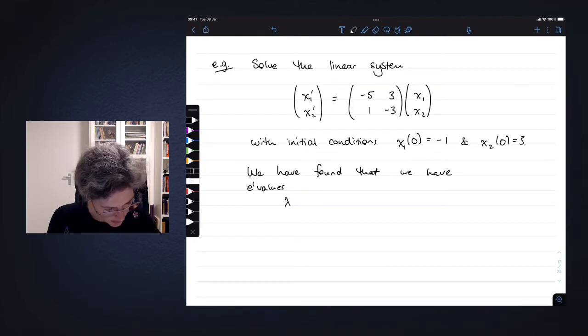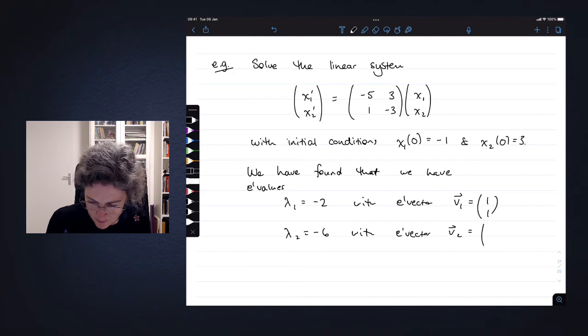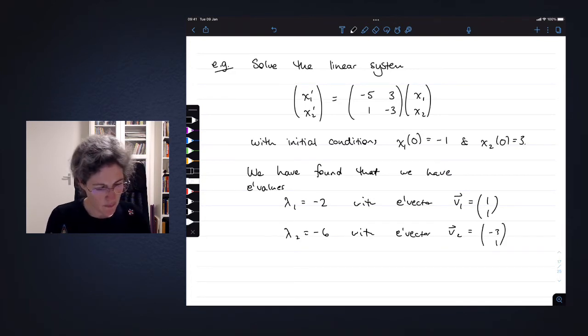So we had lambda 1 equal to minus 2. Okay, and at this point you might be saying, well, okay, how does that help us?